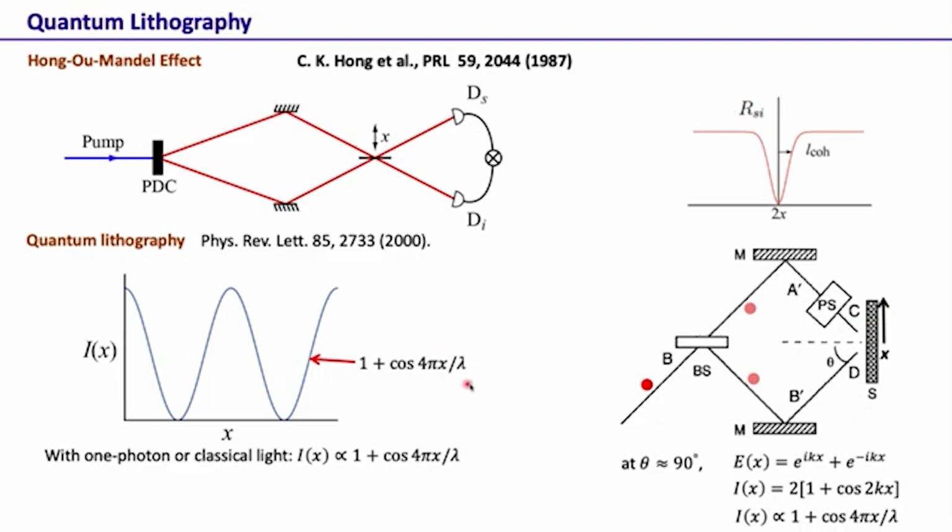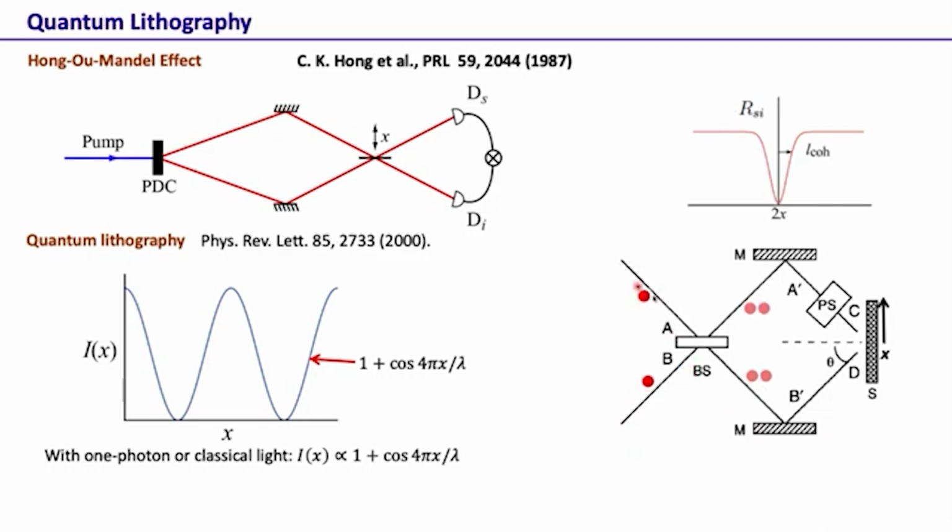And lambda, this wavelength, decides the resolution, that is the minimum size or the period that one can have on this substrate. Okay, now in the same setup, instead of having one photon come in, through the Hong-Ou-Mandel effect, if we have one photon from this side, one photon from this side, then we have either two photons going this way or two photons going that way, and two photons coming this way, two photons coming that way, on the substrate.